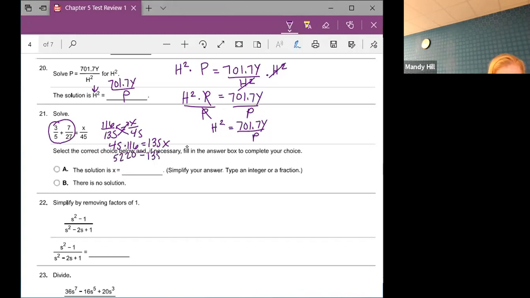And 135 times x, we can divide by the 135. Those are going to cancel out. Okay, and I'm getting 38.6 repeating.